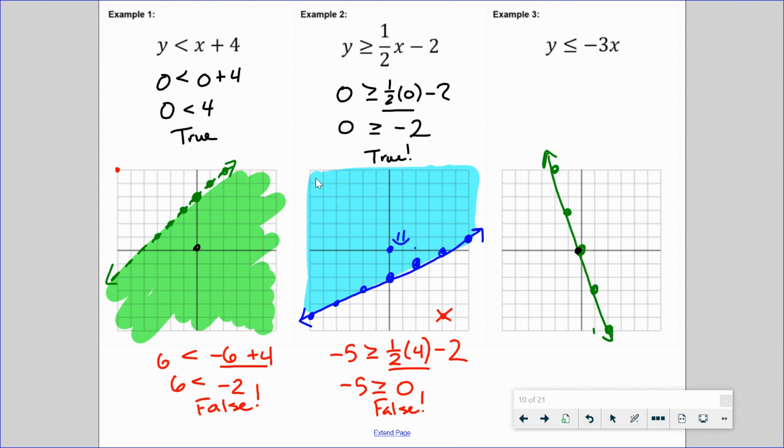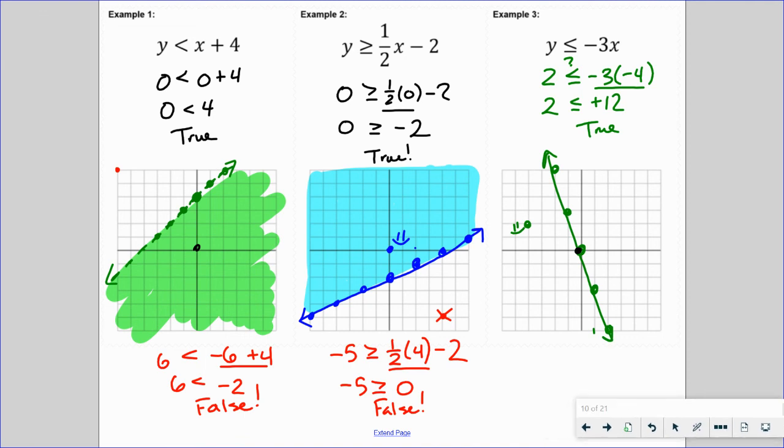Let's go with -4, 2, shall we? So let's substitute in -4 for the x value, 2 for the y value, and let's find out. -3 times -4, the opposite of a negative, is positive. Hey, this one's true.